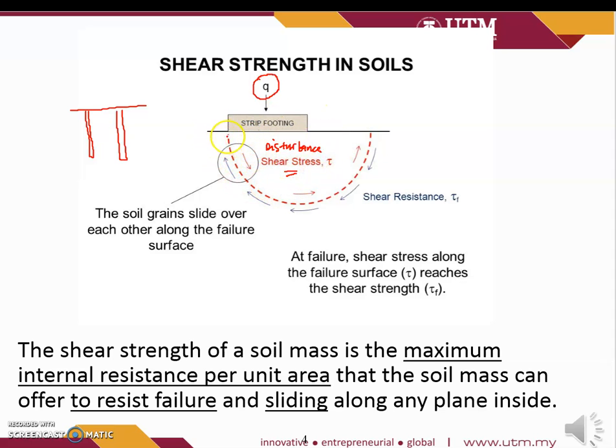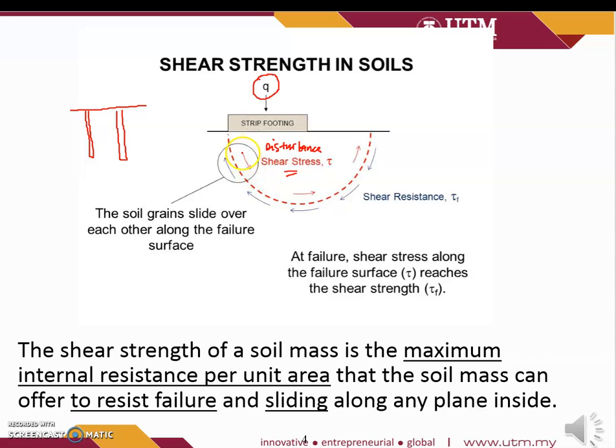And at one time, after some limit, the failure line, the red dotted line, which is the failure envelope, might occur due to the excessive loading.